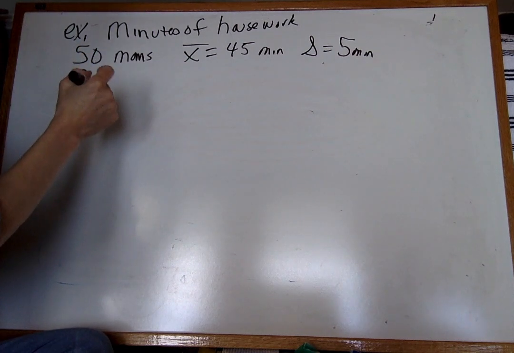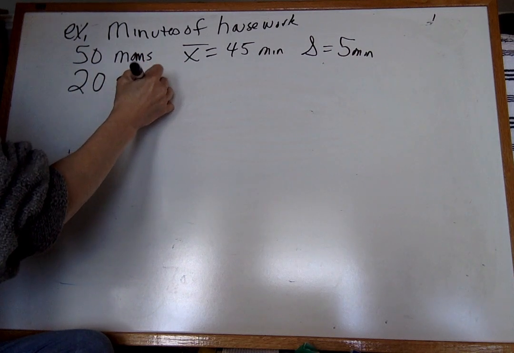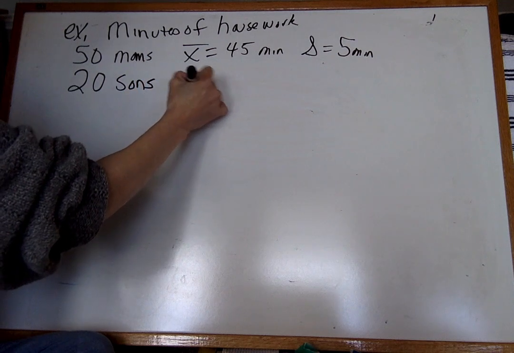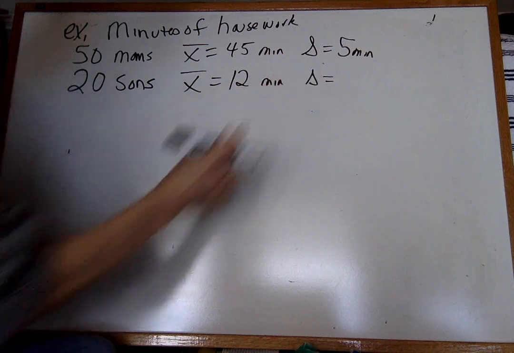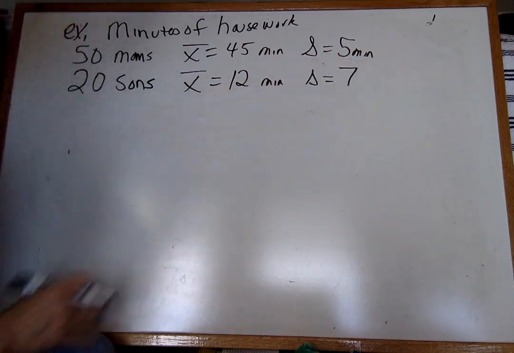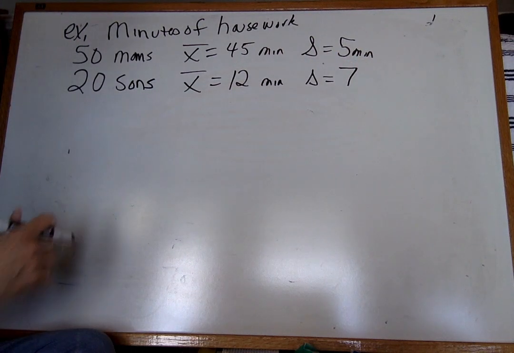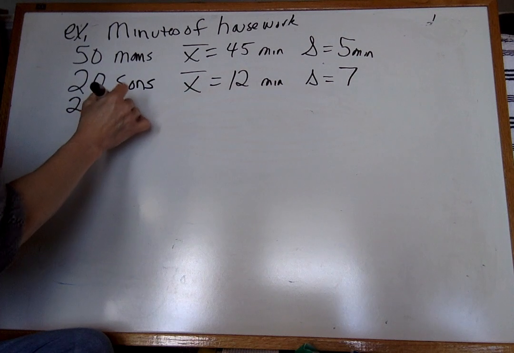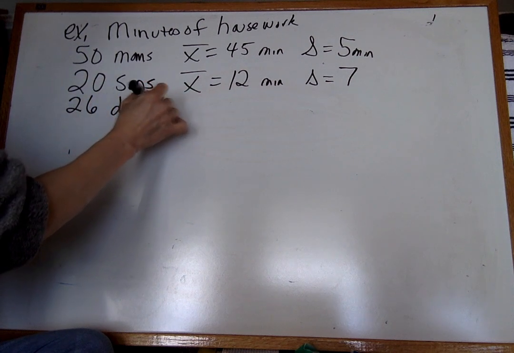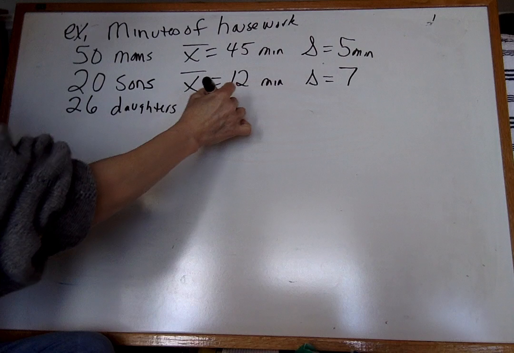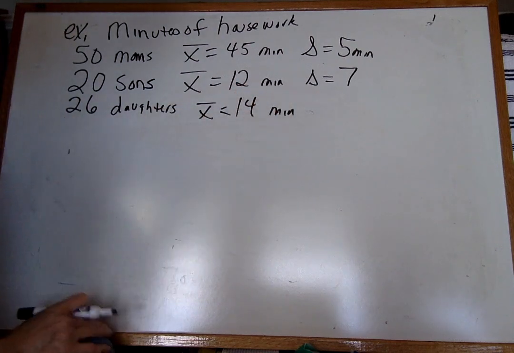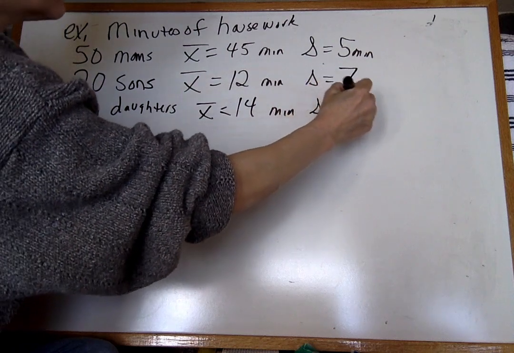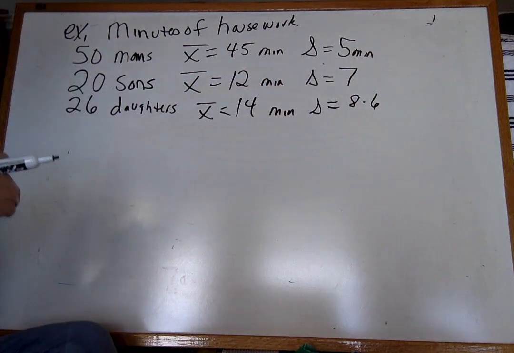They surveyed 20 sons. Their average was 12 minutes and their standard deviation was 7. Then they surveyed 26 daughters. Their average was 14 minutes, and their standard deviation was 8.6.